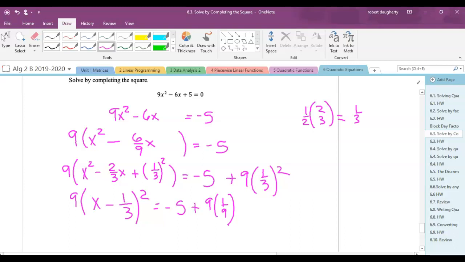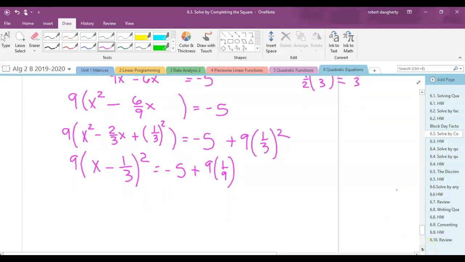Okay. So this is 9 times x minus 1/3 squared equal what? -5 plus 1. That's -4. So 9 times x minus 1/3 squared equal -4.